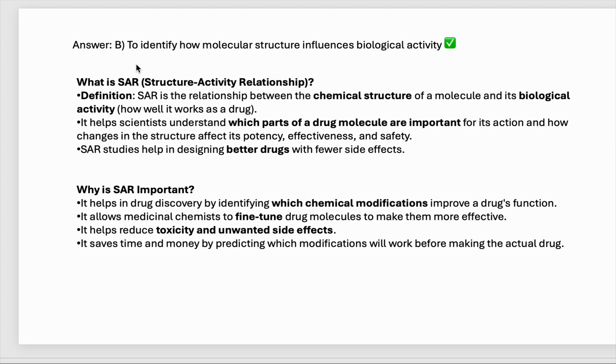Maybe it's just an auxiliary, it does not do anything, it's just hanging in there. So we remove that part because it has nothing to do with the activity, and just to check, we try to add an SH bond there and see if it increases its activity. In most cases, it actually does.